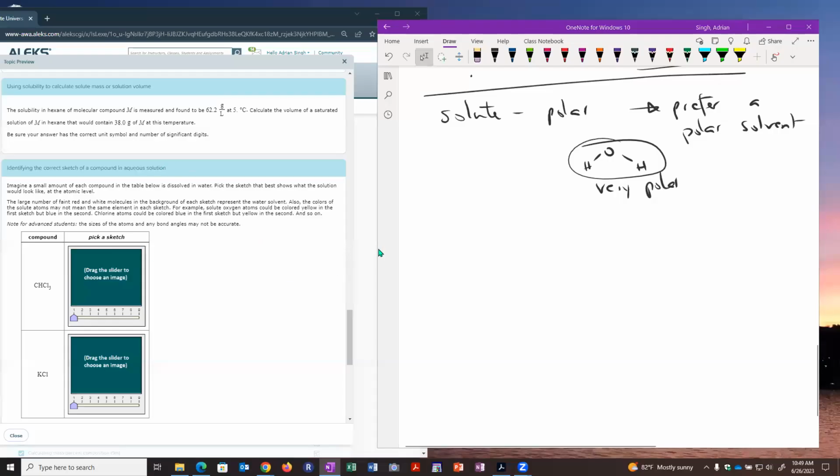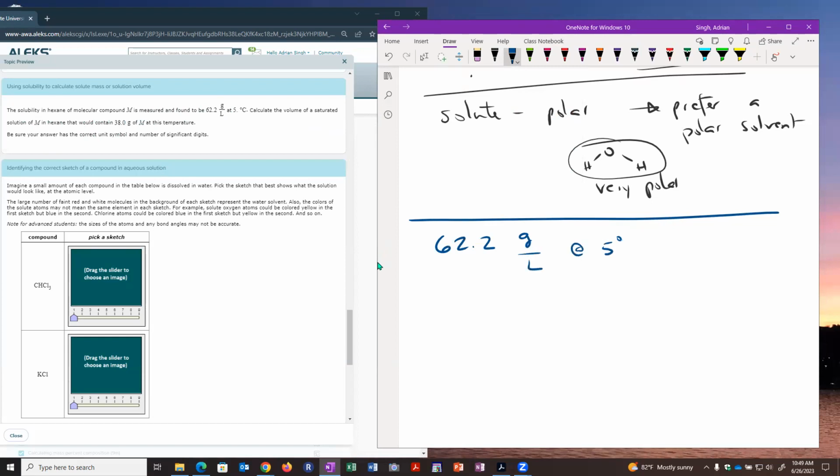All right, so let's take a look at the next one, which looks at maybe a little bit of math now. So it says the solubility in hexane of the molecular compound M is measured and found to be 62.2 grams per liter at 5 degrees Celsius, right?